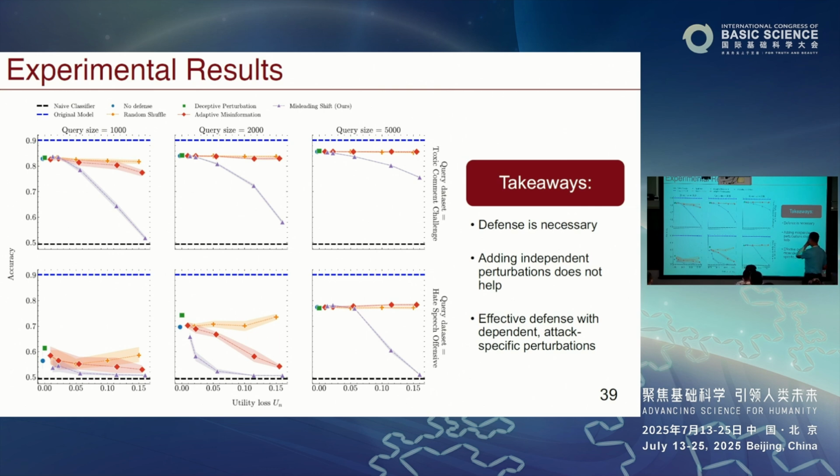The bottom line is that we consider different query sizes, 1,000, 2,000, 5,000, and the utility loss at different levels, higher or lower. And there are different strategies, including our misleading shift.